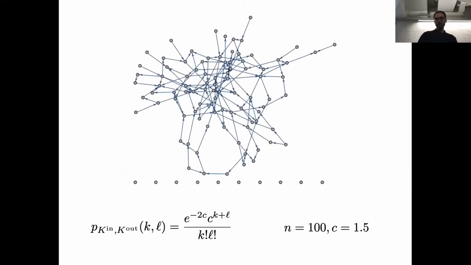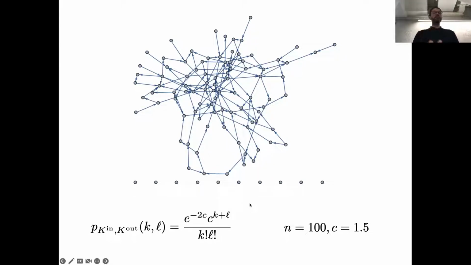So let me show you what this type of graph looks like. This is an example for Poisson distributed degrees. It's a graph of size 100. The mean degree is 1.5. And if you plot this, you get something of the following form.